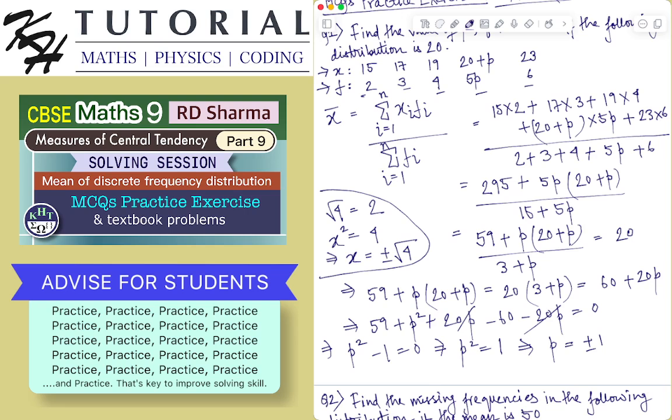If you put the value of p as plus 1 or minus 1, in both cases the sum of the frequencies will be definitely greater than 0. That is fine. So the value of p is plus or minus 1.